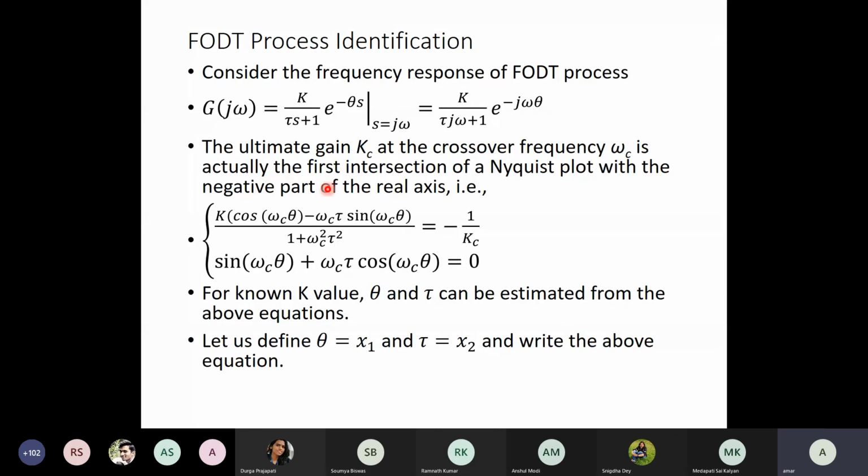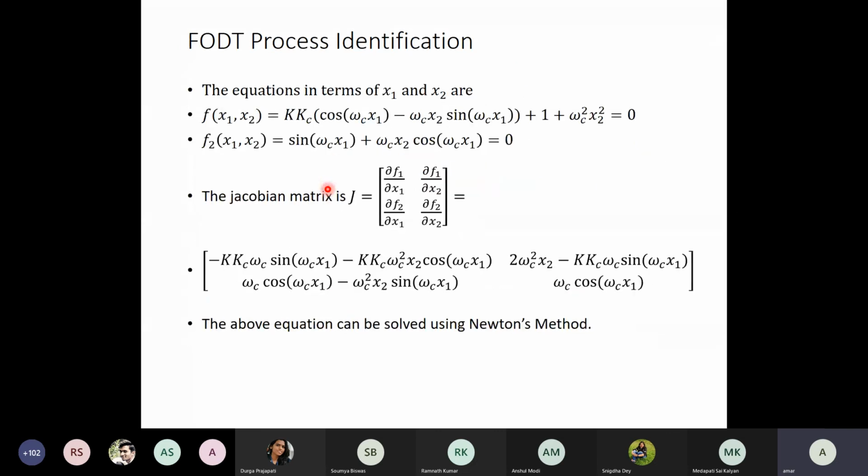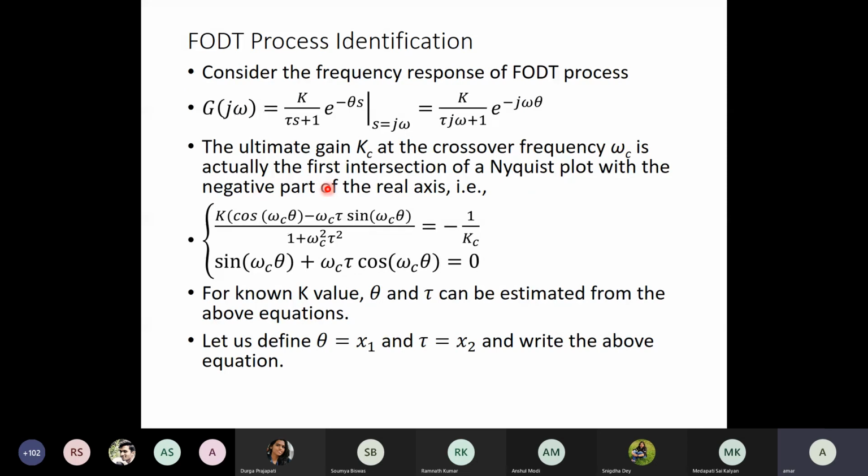The advantage of this method is not only that you can use the frequency response data, you can also use a higher order transfer function and convert it to a first order with dead time transfer function. If you have a higher order transfer function, let's say 8th or 9th order, I can easily construct these two equations, because I can do a frequency response analysis on the 9th or 8th order transfer function, and from there I can easily calculate omega c and Kc.